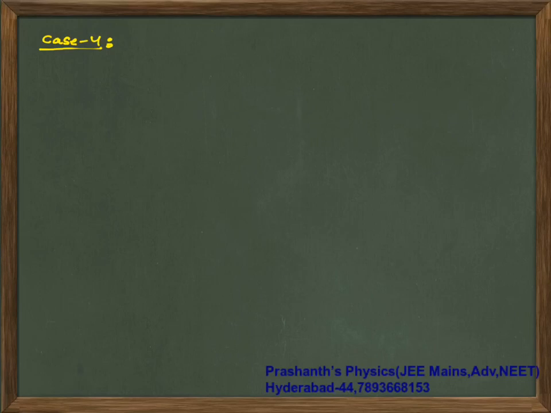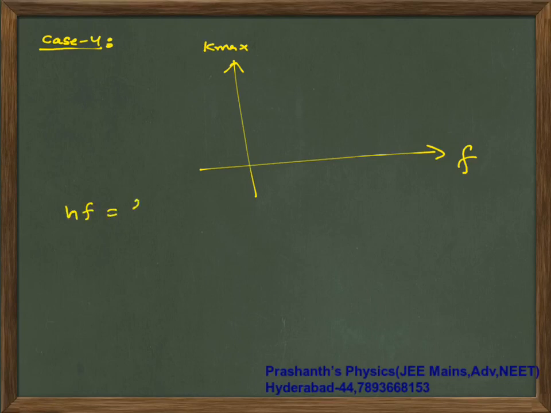Next is K max and frequency. Now just look at this. h times f is equal to the work function, if you are keeping the target metal constant, plus K max. So it is in the form of y equals mx plus c.